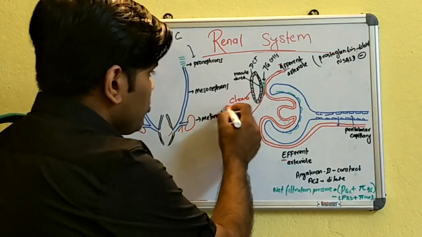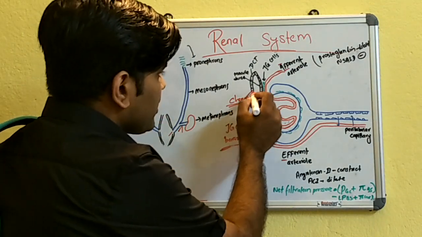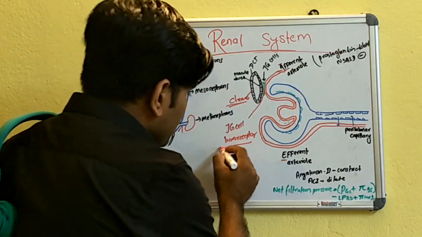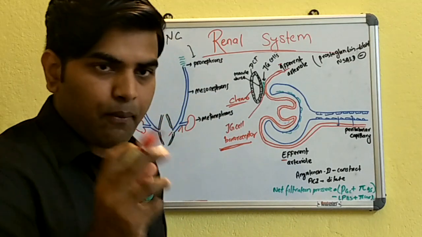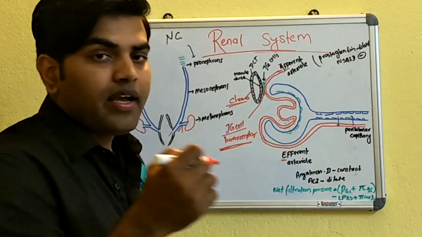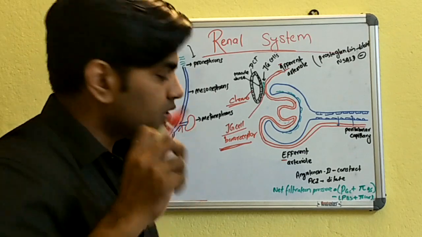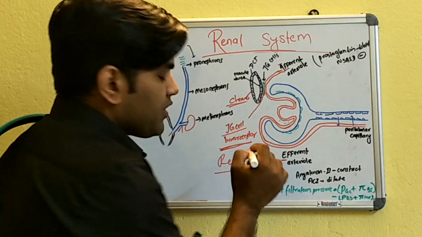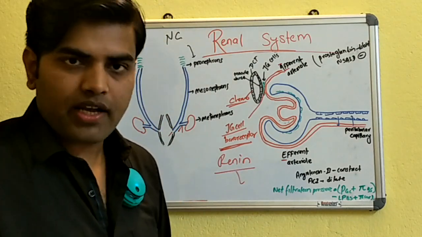The chemoreceptor detects sodium and potassium chemicals, and the baroreceptor detects pressure. If there is low volume, the JG cell senses it through the baroreceptor and releases renin, and it again activates the renin-angiotensin-aldosterone mechanism.